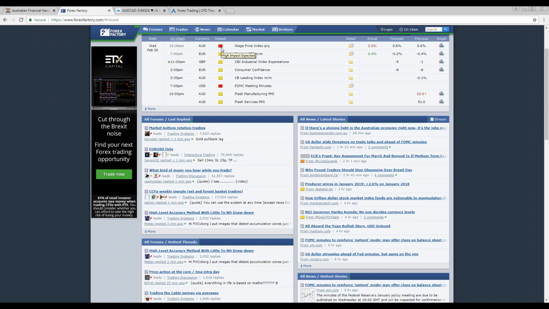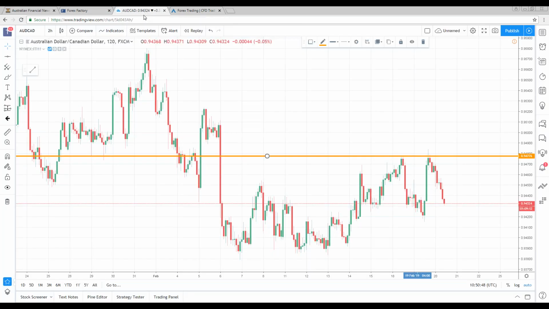That bad news, they're telling you here, high impact, probably would push the value of the Australian dollar down. So now we start saying, wow, if I knew that announcement was coming, I already saw in the chart the Australian dollar, technical analysis wise, was climbing, climbing, climbing, climbing, climbing. And then it already started to reverse by the time midnight hit.